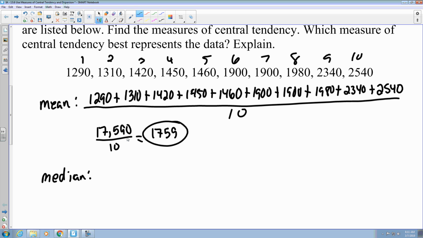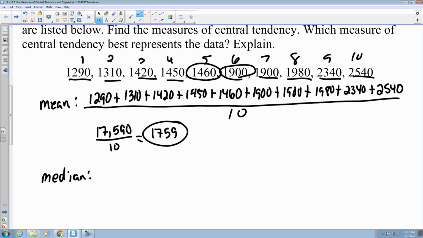Now we have to take into account that we have an even number of pieces of data, so we're going to take the two middle pieces. Counting 1, 2, 3, 4, 5 from each end, my two middle pieces are 1460 and 1900. Because we have an even number, we find the mean of the two middle pieces to get the median.